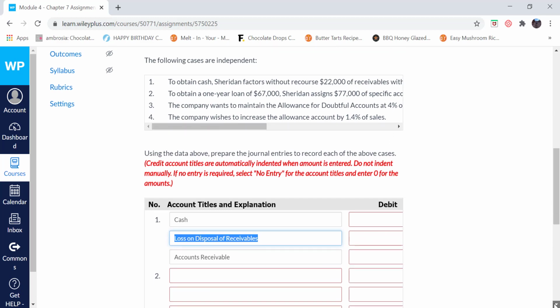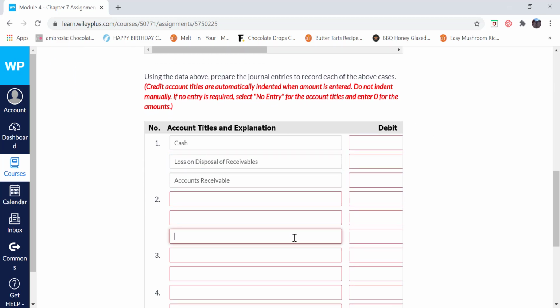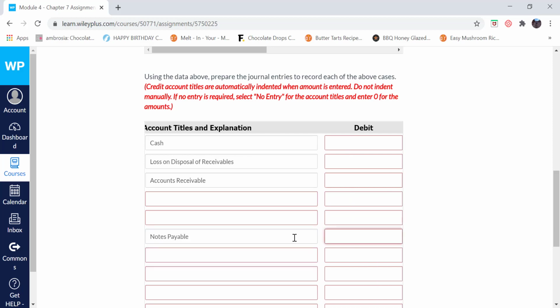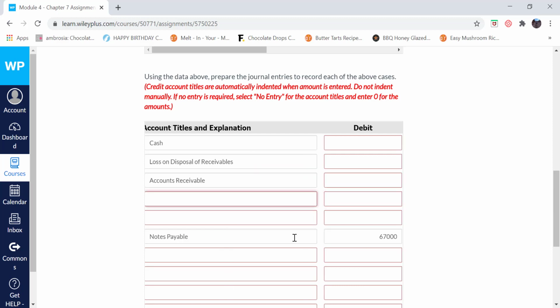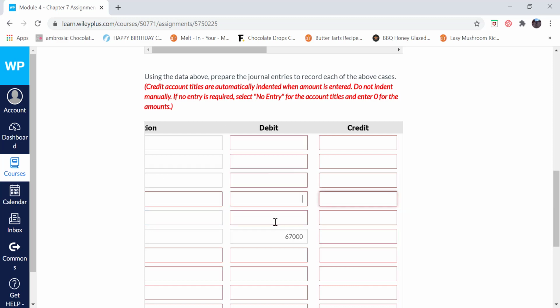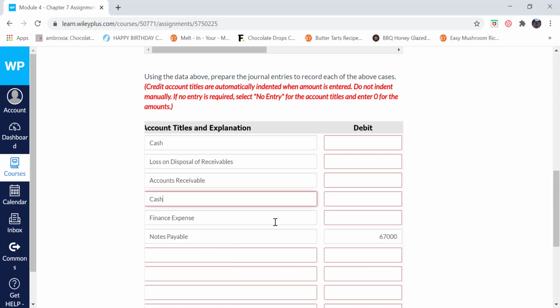So what they're saying here is I've got a note payable of 67,000. I've got a finance expense of 6% of that, and the net is the cash I will receive.